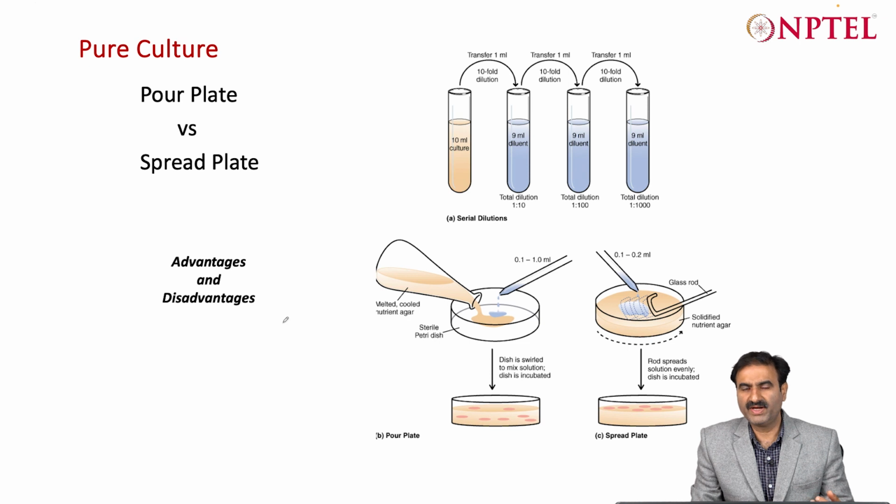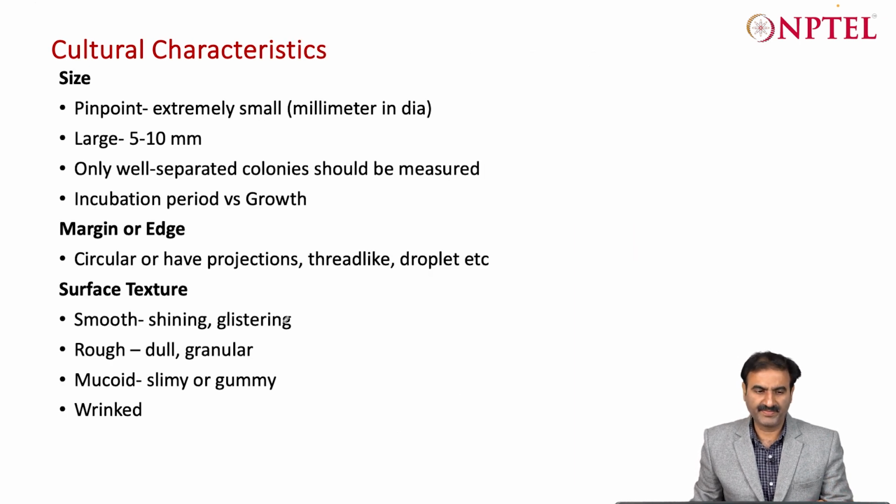Whereas in pour plate, since you are mixing the culture with the lukewarm media, some will go beneath the media, and those which are facultative aerobic or require less oxygen may grow there. So you have to look at the various methods, spread plate or streaking, for isolating the bacteria, right.